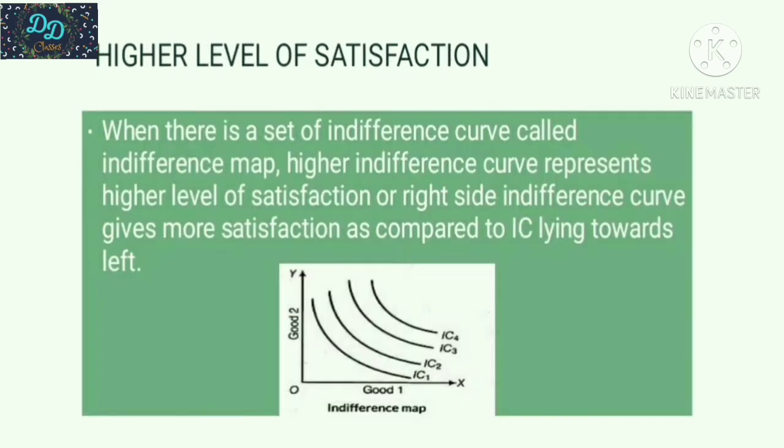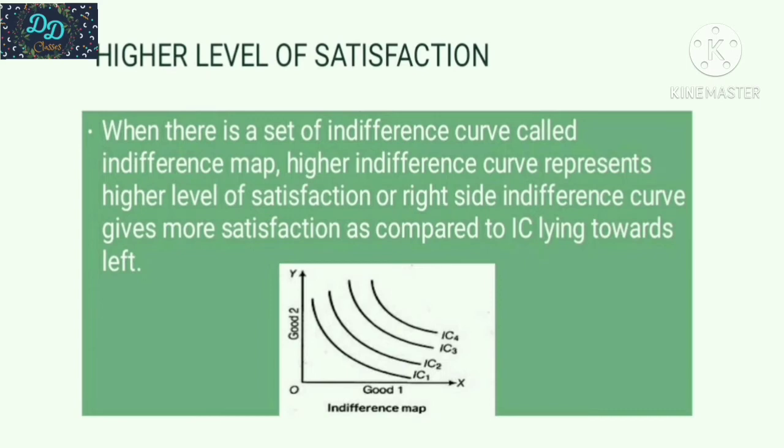The third property is higher level of satisfaction. A set of indifference curves is called an indifference map. A higher indifference curve, or the curve on the right side, represents a higher level of satisfaction. It gives more satisfaction as compared to the IC lying towards the left.